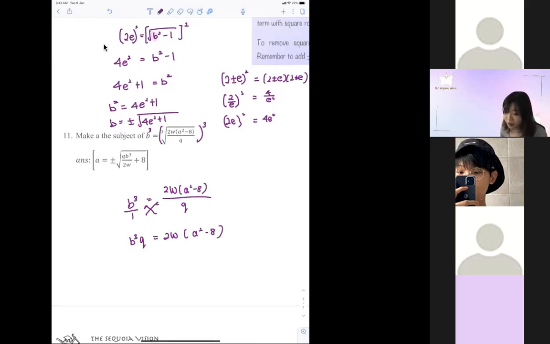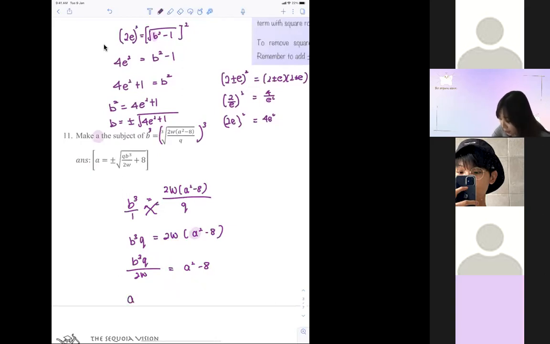Ask yourself, where is your subject? A is the subject, so your subject is inside the bracket. We must break the bracket first. Divide, bring over, times; times, bring over, divide. The bracket is gone. When there's nothing in front, the bracket is gone. Then slowly try to make A the subject: minus, bring over, plus.